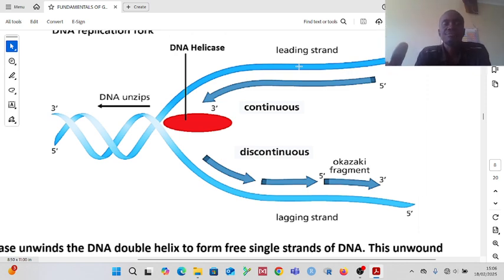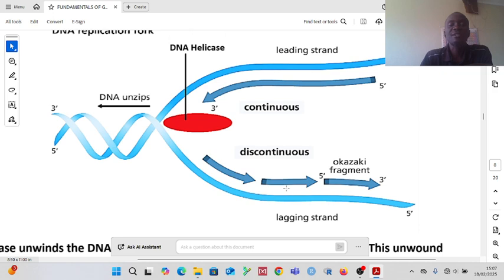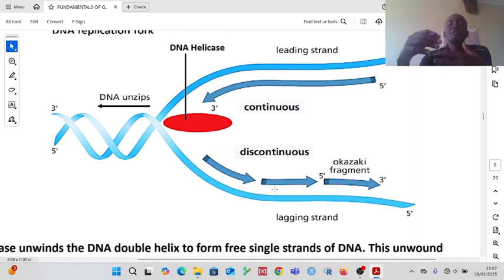So by now, the replication is complete. Okay, the replication is complete because you have now a double strand here and another double strand here. So if we now have cell division, then we can give this double strand to one cell and this other double strand to the other cell.